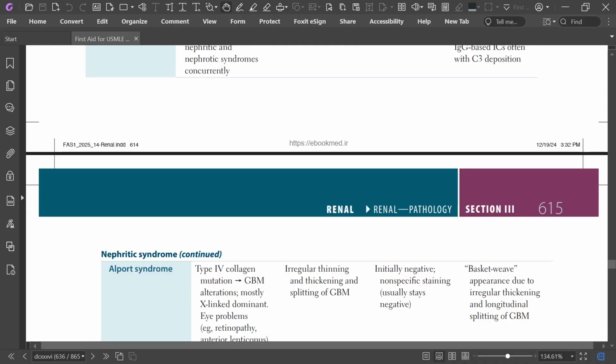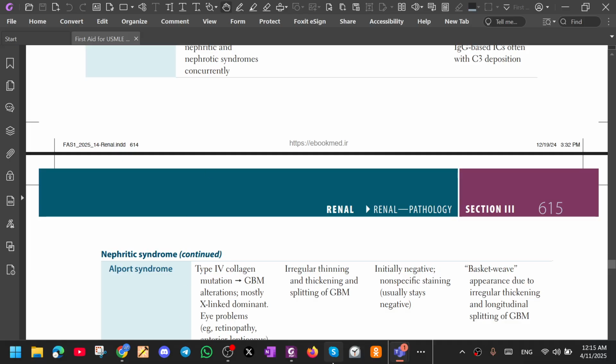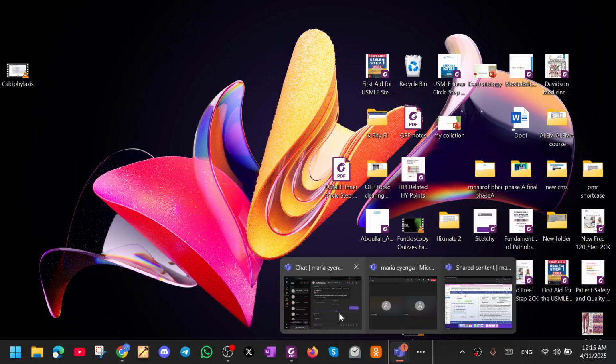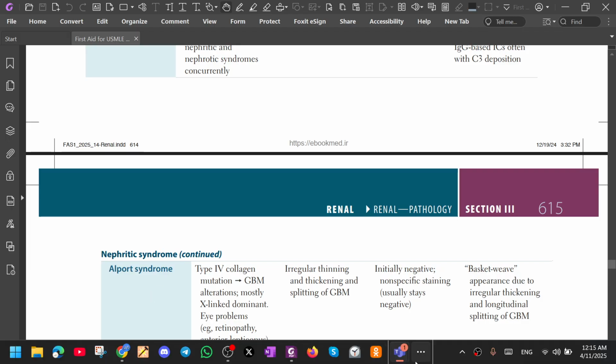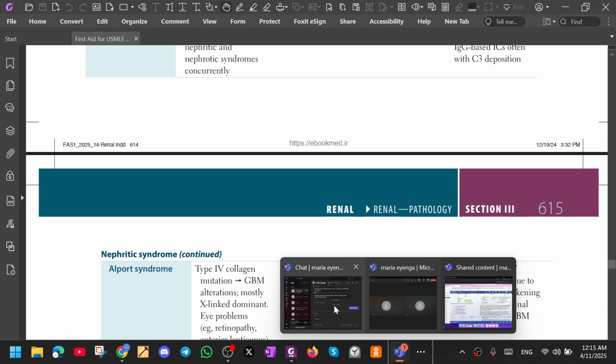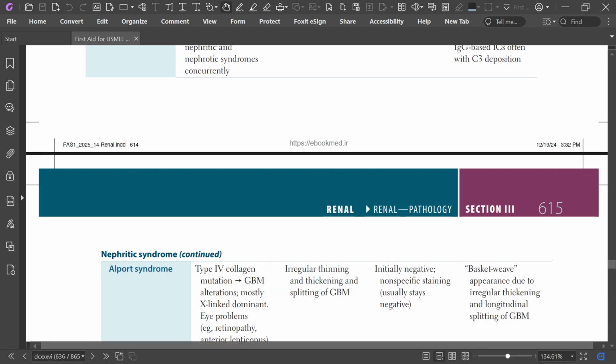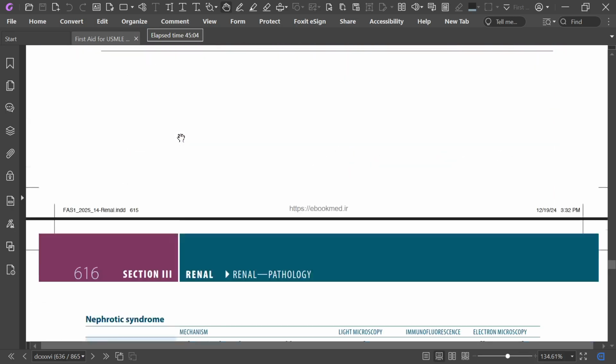Wait. Can you see my screen now? Probably yes.